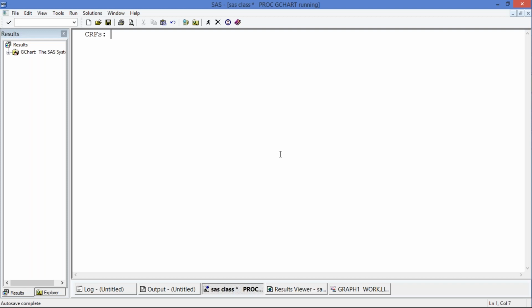So you need to know the contents of the CRF. Why do you need to know the contents of the CRF? Because as a CTM, you are going to design the CRF. Where?